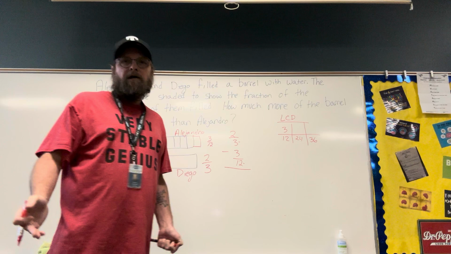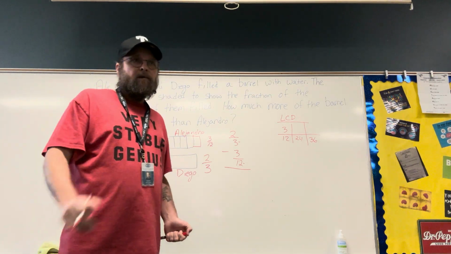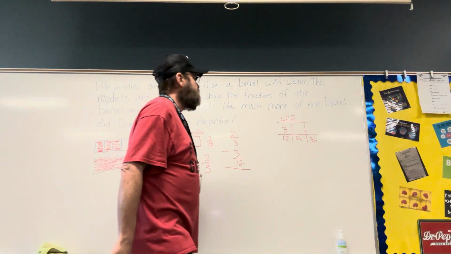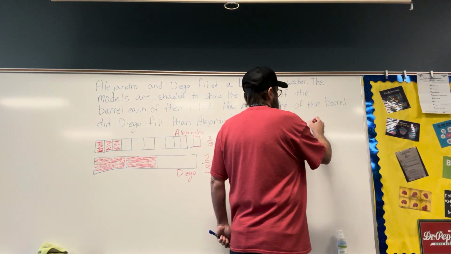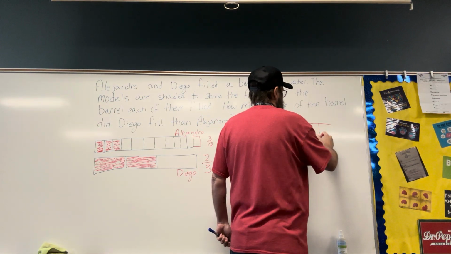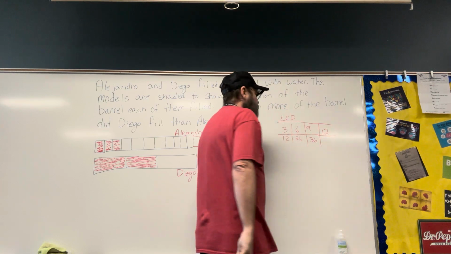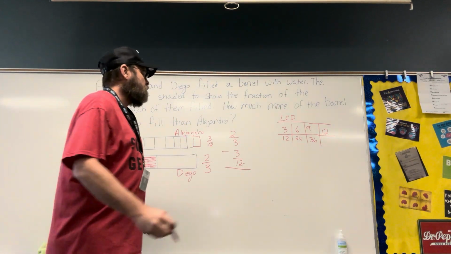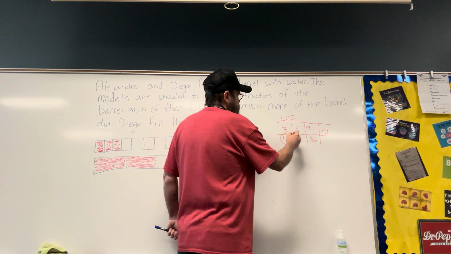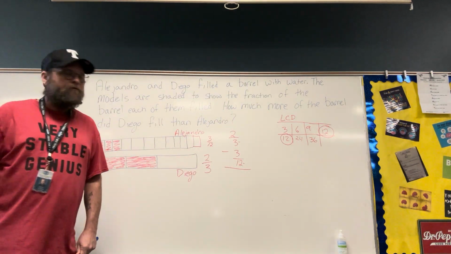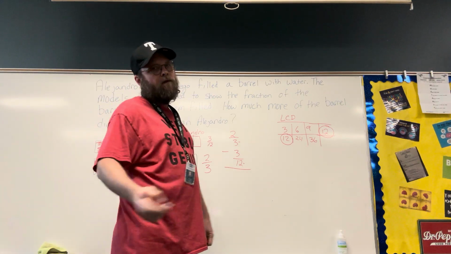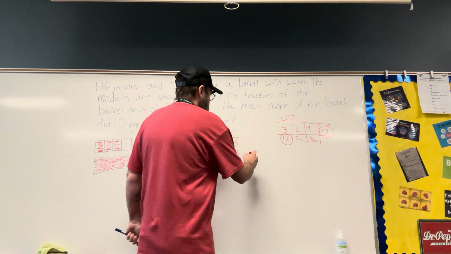Now, if you have a multiplication chart or you make a multiplication chart, this is going to be much easier for you to do. 3, 6, 9, 12. 12 is the first one that shows up in both rows, which means I need to change both fractions to something over 12 without changing the value.